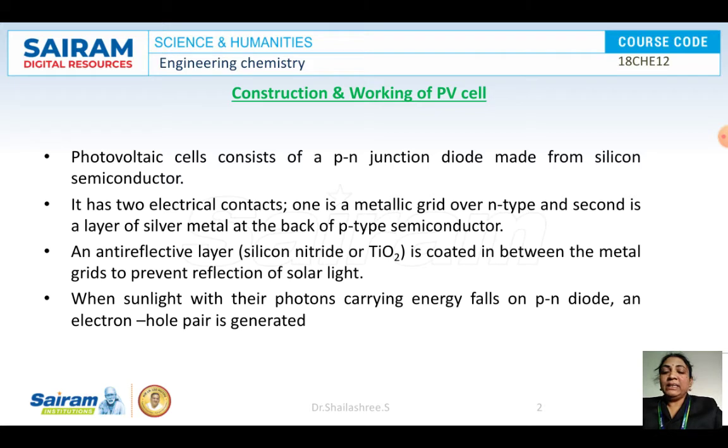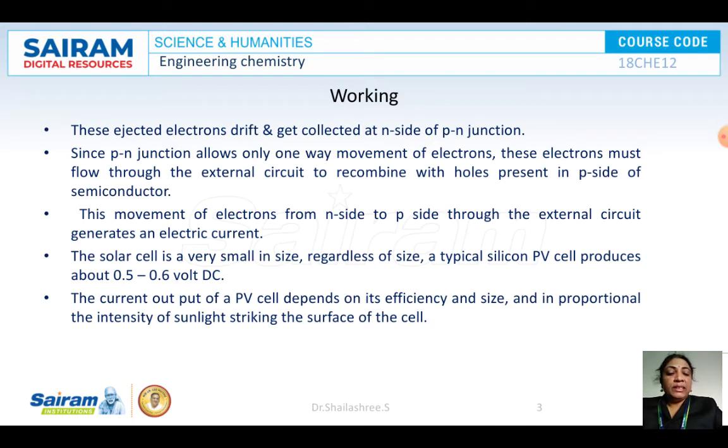When sunlight strikes the surface of the solar cell, that is, when it falls on the PN junction, electron-hole pairs are generated. When energy falls on the PN junction, what happens? The PN junction absorbs the energy, and then electron and hole pairs are generated.